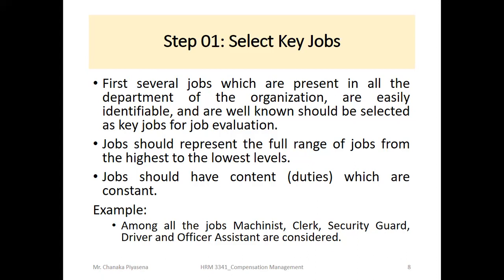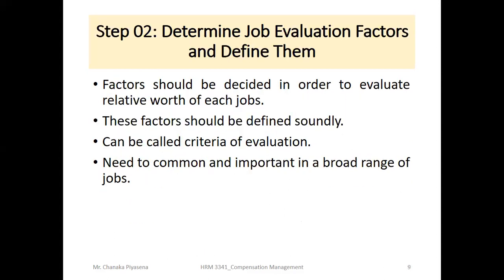There are several jobs within the organization, but we select machinist, clerk, security guard, driver, and office assistant as the key jobs within the organization. Then, as the second step, we need to determine job evaluation factors and define them.